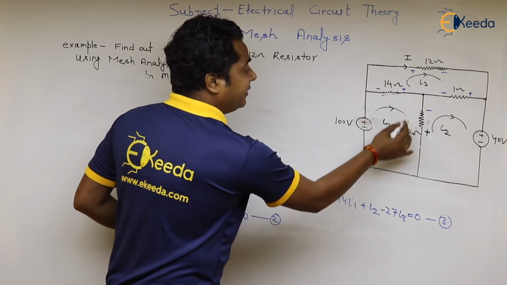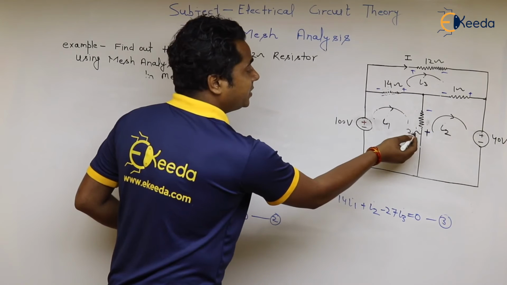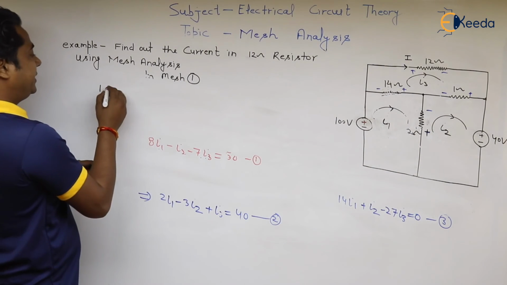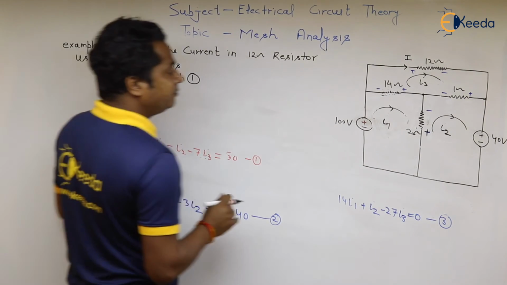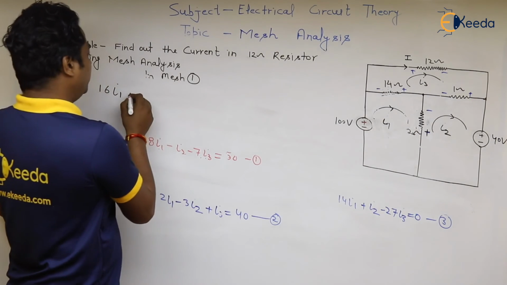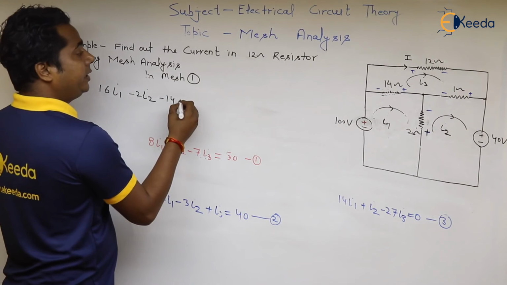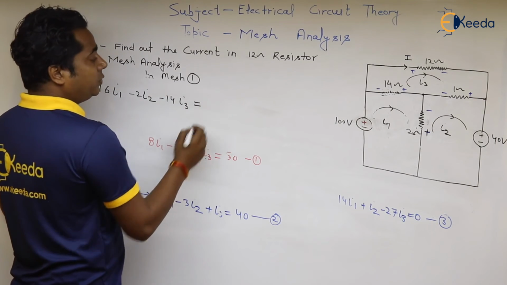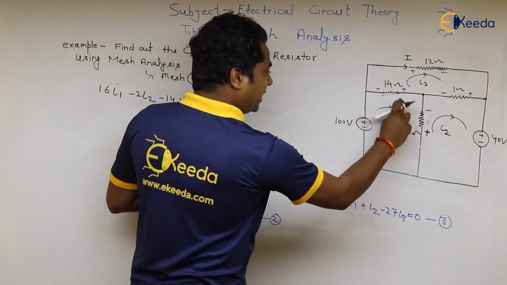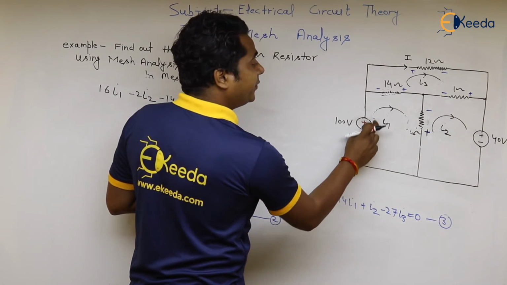So I1 will be positive, meaning 14 plus 2, 16 I1 minus 2 I2 minus 14 I3 is equal to, we will see the current is flowing in what direction.